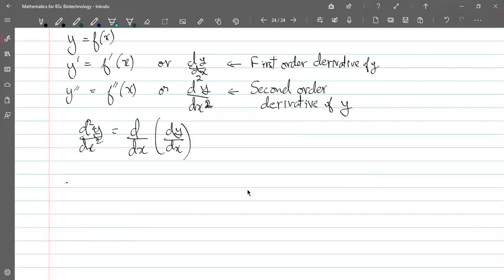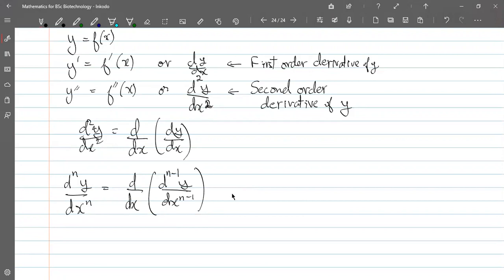So in a similar way, you can define d to the n y by dx to the n as the first order derivative of what? Of the n minus 1th order derivative, right? Correct? You can compare. Second order derivative is first order derivative of first order derivative.